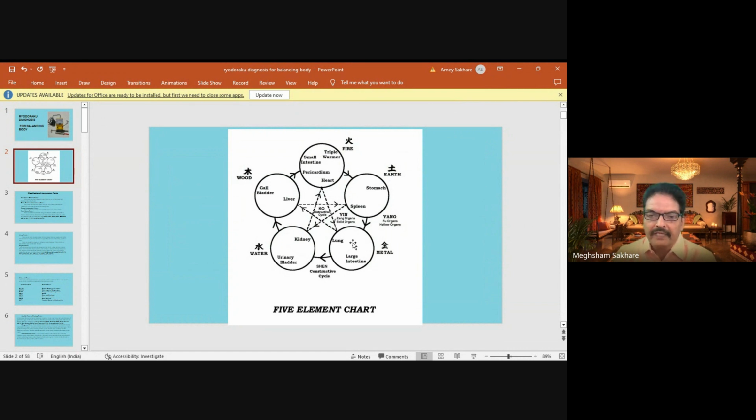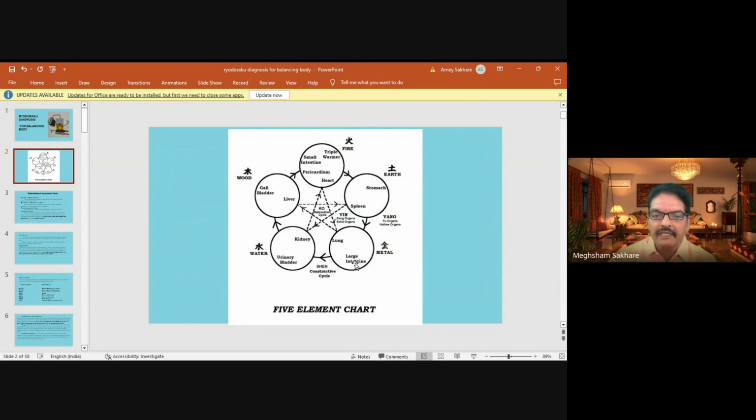And when the metal is heated, it liquefies. After liquefying, there is the water element, fluidity. Kidney and urinary bladder show the water element. Metal element generates water element. Water generates wood. After the water element, there is again wood element.